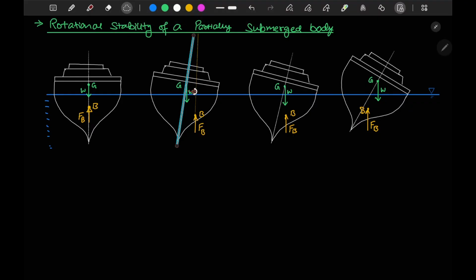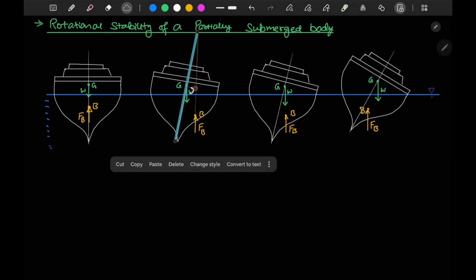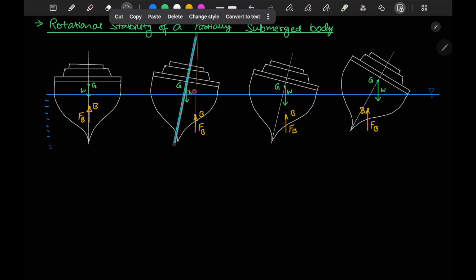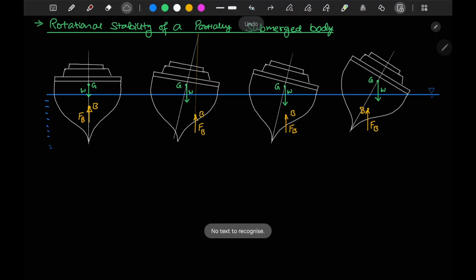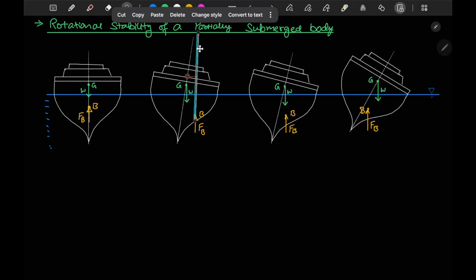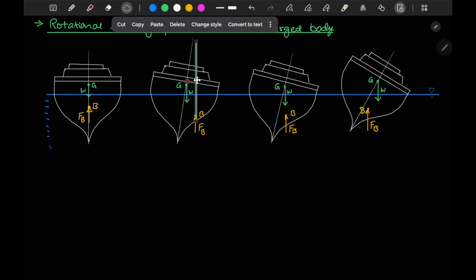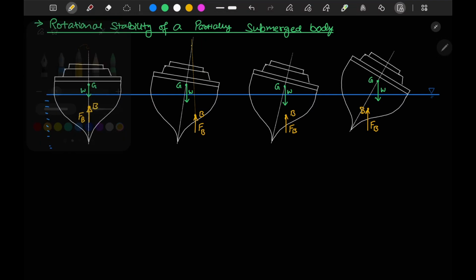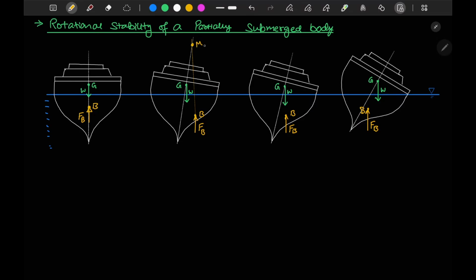Although I will make this line somewhat slanted, it is basically a straight line. The point where this line intersects here is called your metacenter, represented by M.